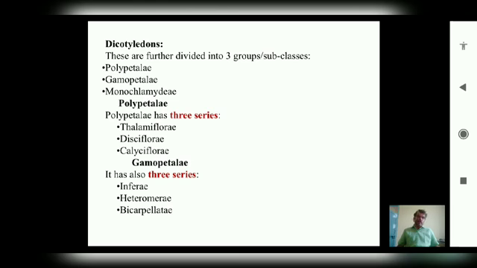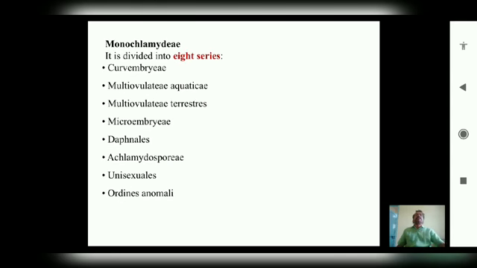Well, this is again the dicot, their grouping into polypetalae, gammopetalae and monoclamidae. As I said in the previous slides, polypetalae includes only 3 series: Thalamiflorae, Disciflorae and Caliciflorae. Gammopetalae also has 3 series called Inferae, Heteromerae and Bicarpellatae. The Monoclamidae had 8 series: Curvembriae, Multiovulate, Aquaticae, Microembriae, Daphnales, Achlamydosporae, Unisexuales, and Ordines Anomali.